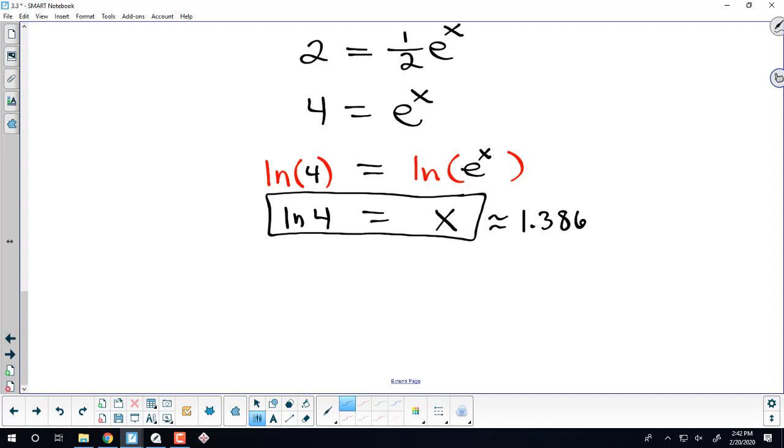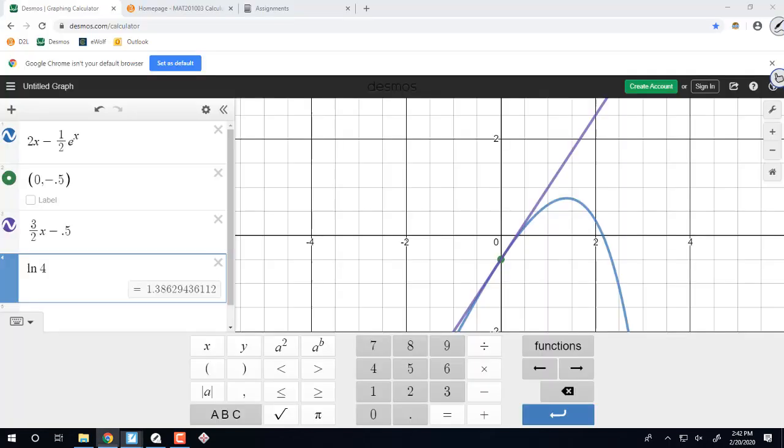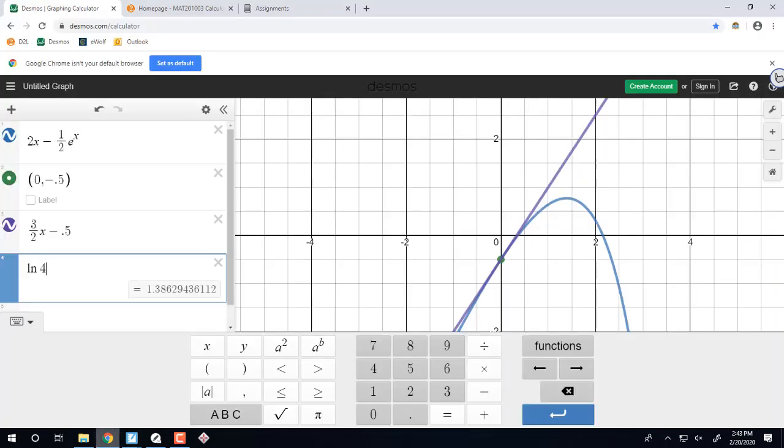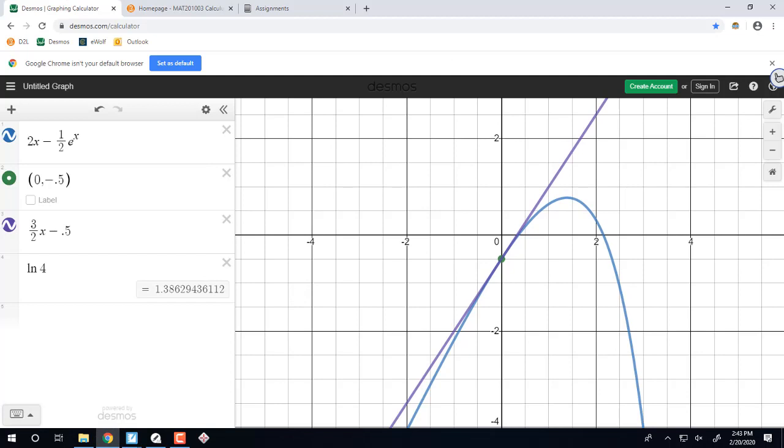On that graph, we could find this particular point. You see that the graph of f of x, 2x minus 1/2 e to the x, does have a horizontal tangent right there, at x value ln 4, 1.386.